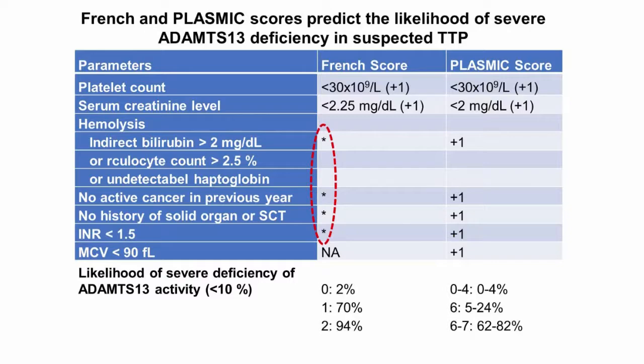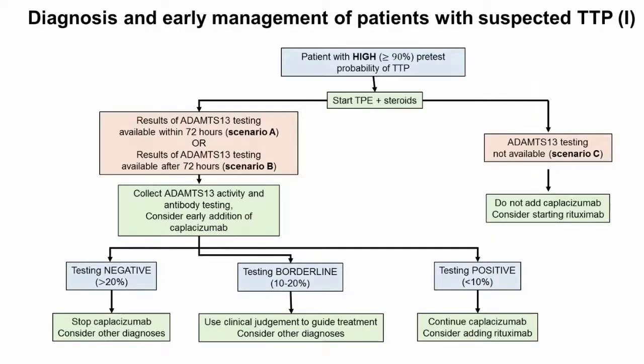Okay. So with that kind of clinical prediction, if the patient has a high probability, and also has immediate or timely access to ADAMTS13 testing, in that situation you start the plasma exchange and corticosteroid right away.